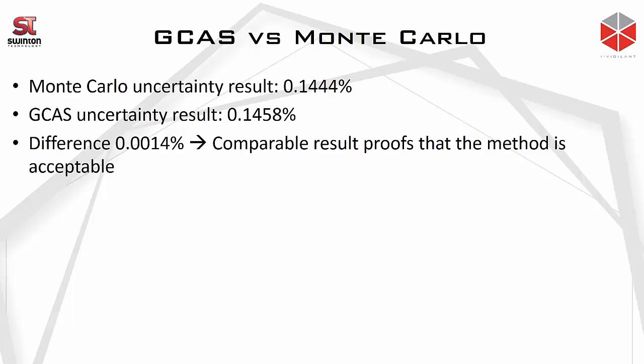This is considered a comparable result to the Monte Carlo result, and it's basically proof that the method is acceptable. We do have a slight difference, and it might be due to the fact that every single gas composition is correlated, but because the difference is so low, it doesn't really matter. It shows that the result is acceptable.